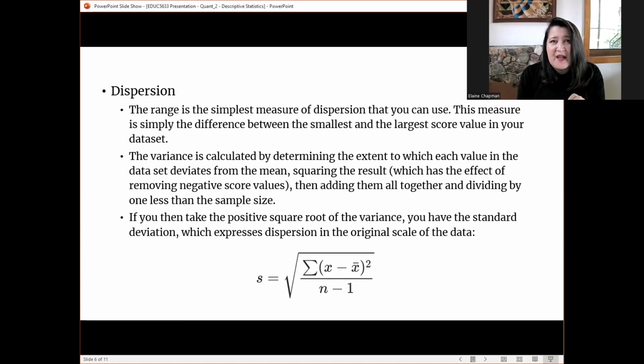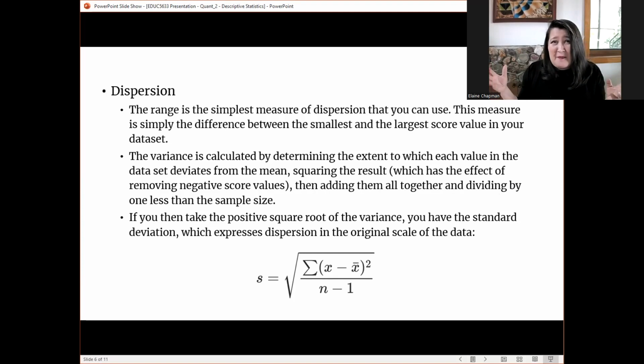I wind up with an average of the squared differences of my scores from my mean, which tells me how much, in squared terms, scores tended to differ on average from my so-called typical score or mean score. The reason that I divide by n-1 rather than n is probably a bit beyond the scope of this unit, but when I divide by n, that will produce what we call a biased estimator.